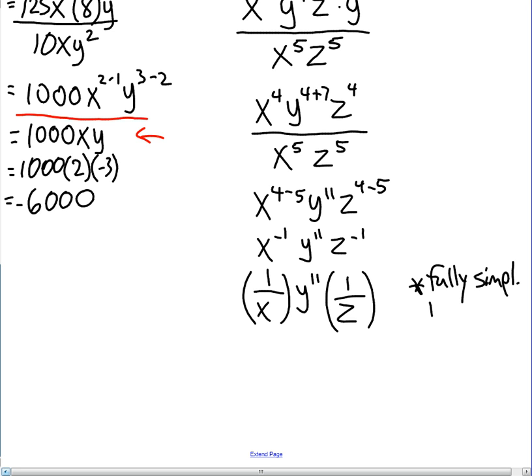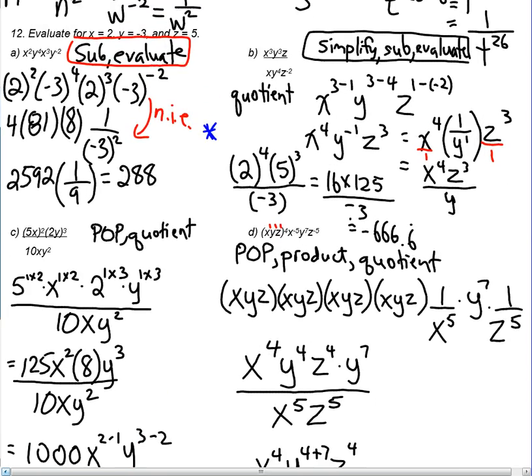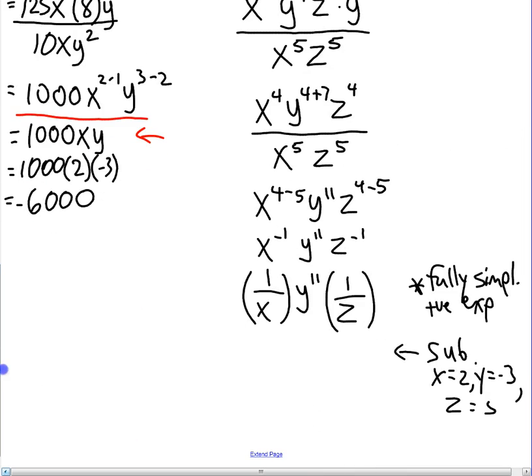Okay, and now I can substitute at the next step. X equals 2, y equals negative 3, and z was also 5 from before. So I'm going to put in 1 over 2, negative 3 to the exponent 11, and 1 over 5.